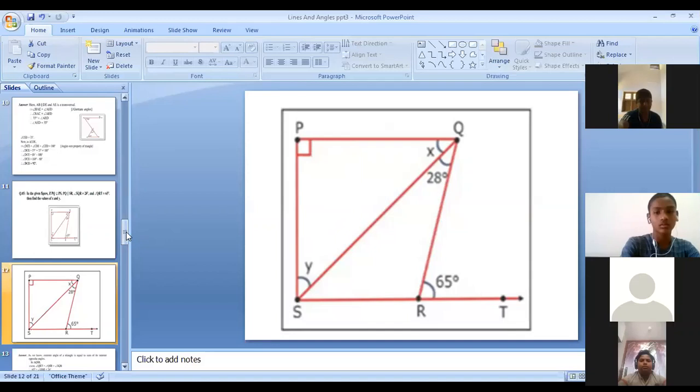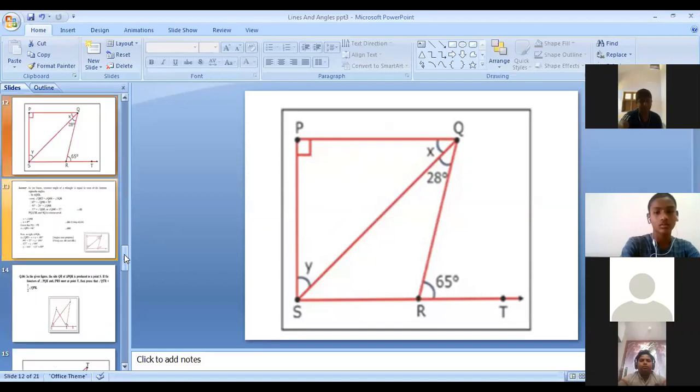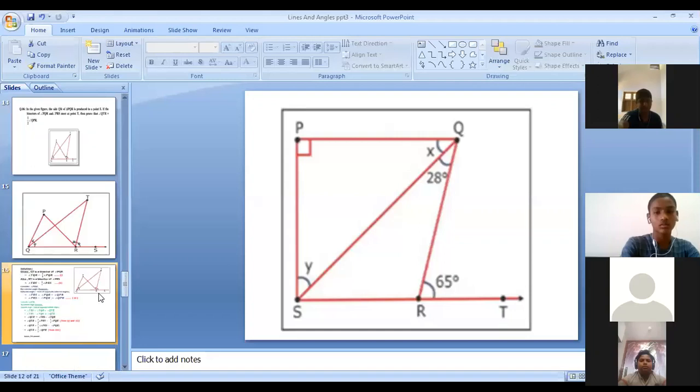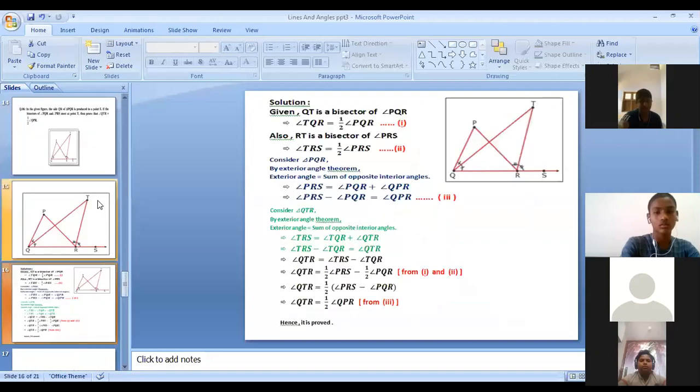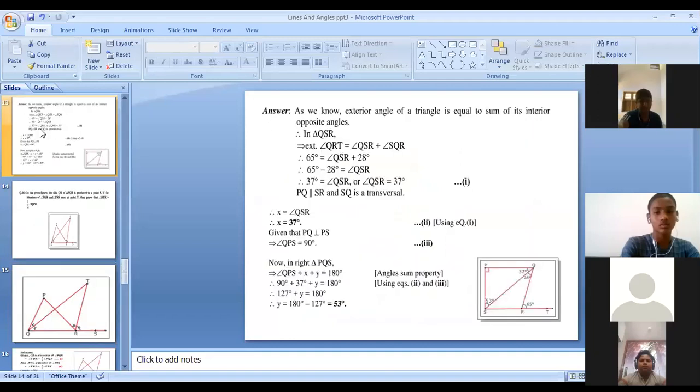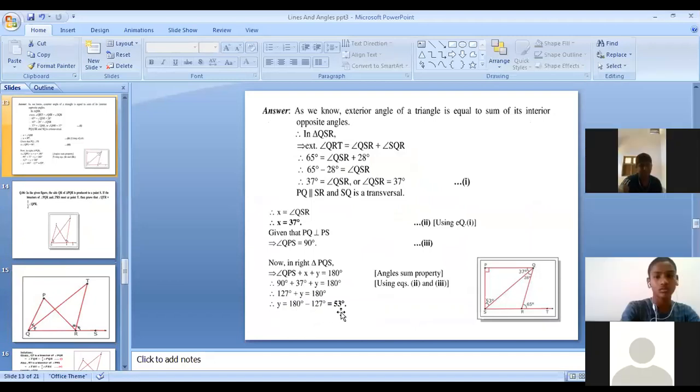Here we have only one unknown value, Y. 90 plus 37 gives 127, plus Y is 180. So 180 minus 127 gives 53 degrees.